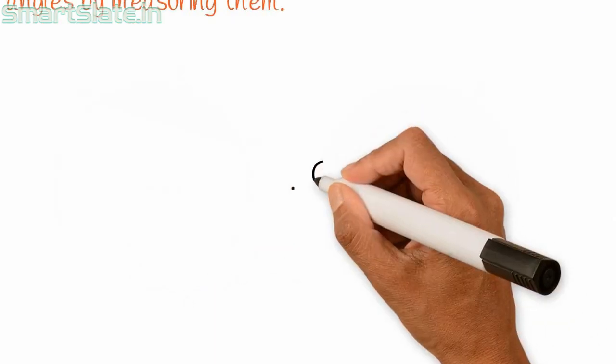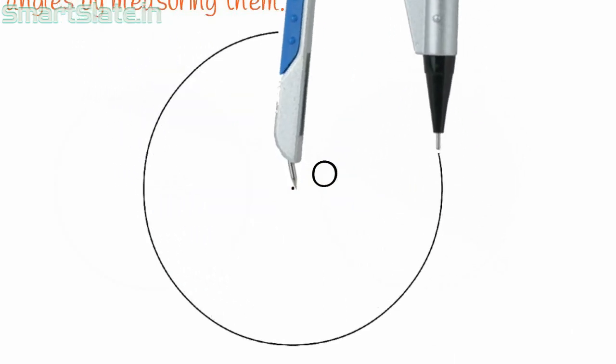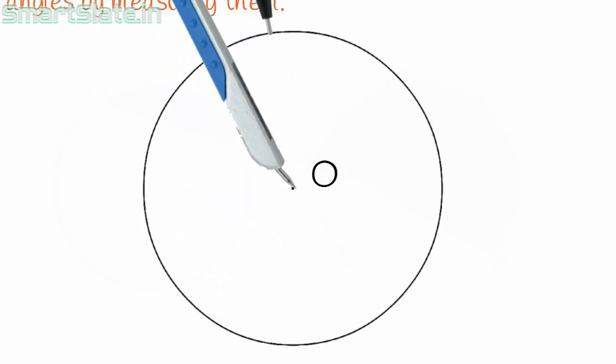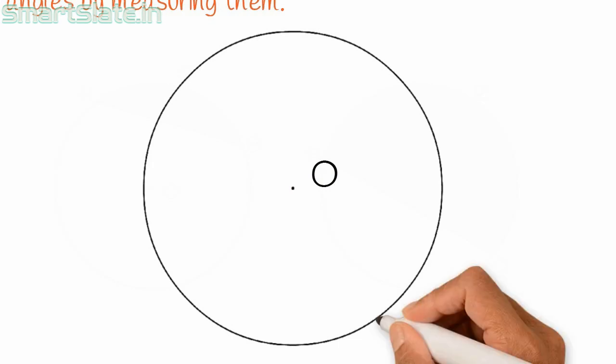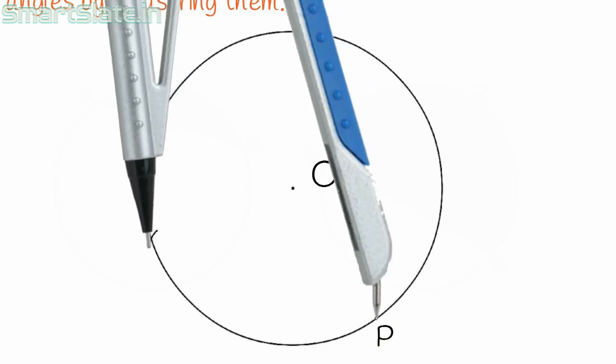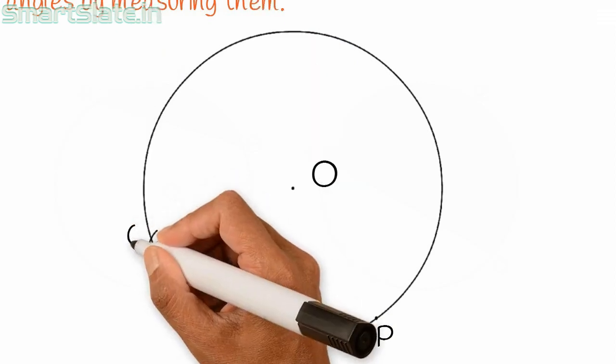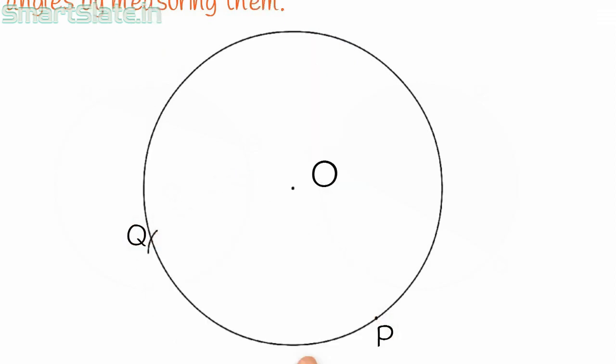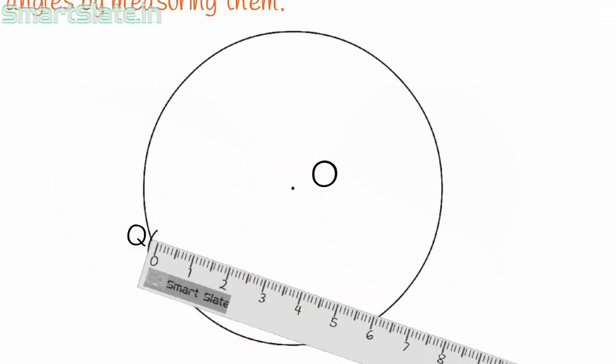Consider this as center point O. Draw a circle of radius 4 cm. We will draw a chord of length 6 cm. Mark a point P. Considering this as center, we will draw an arc which intersects the circle at point Q. Measurement while drawing this arc is 6 cm.